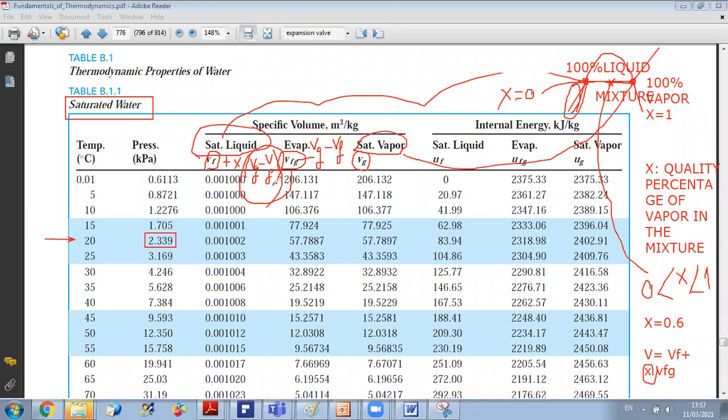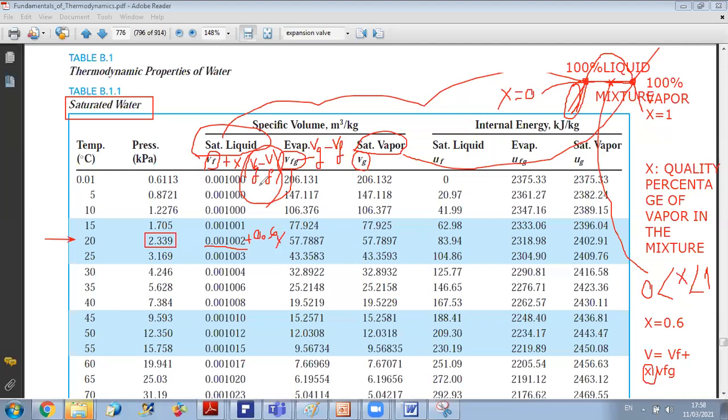So, numerical example: if I have 20 degrees and X is equal to 0.6 and I want to find V at this state, I just say at 20 degrees VF is 0.001002. I should add to it X times, so 0.6 times VG minus VF.